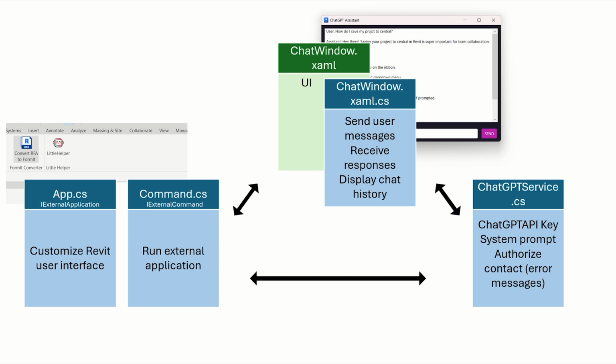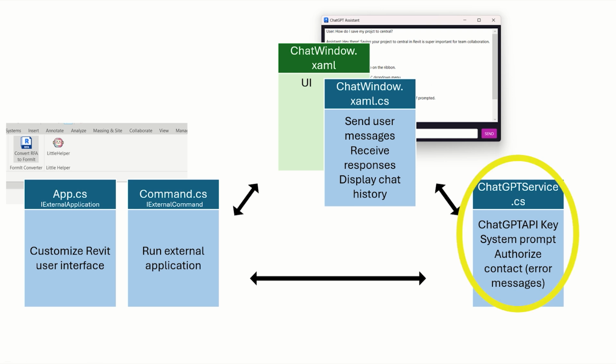So that's the markup file where we say what exactly we want this window to look like, that it has this type field and then a button to send, and here all of the chat history. And then the C# part of it is the functionality of that it sends the user messages to ChatGPT, and it also displays the responses and the whole chat history.